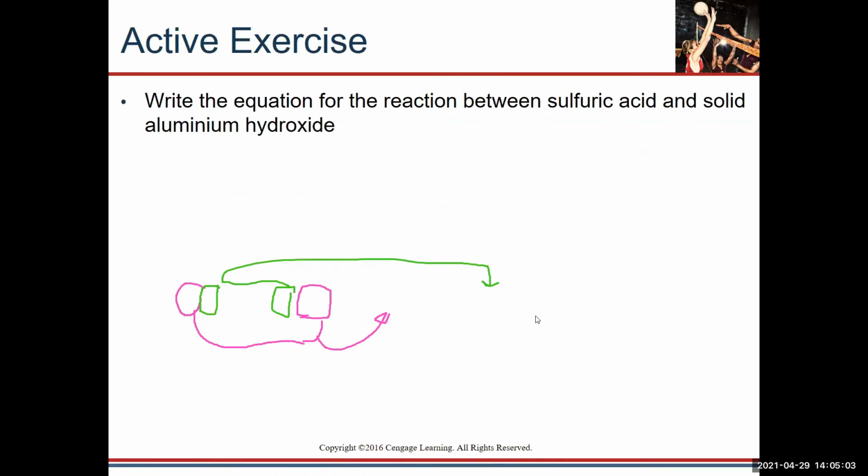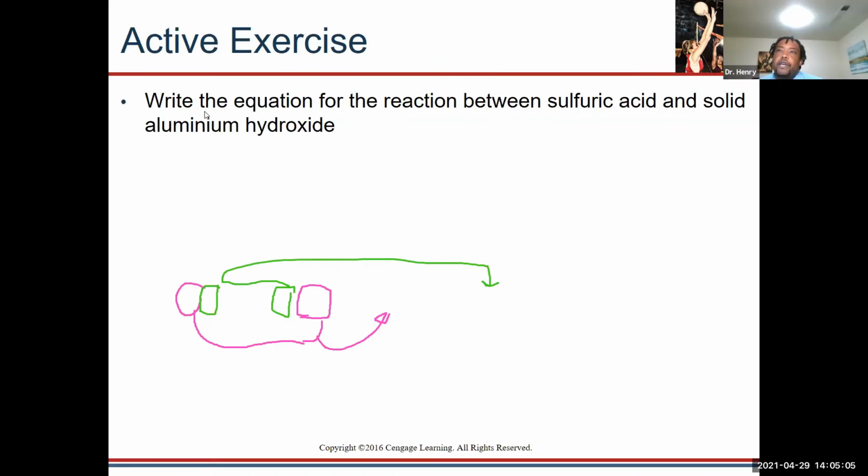Okay, so write the equation for the reaction between sulfuric acid and solid aluminum hydroxide.